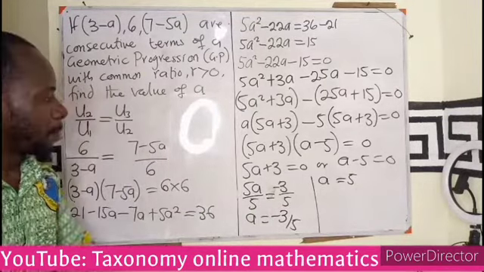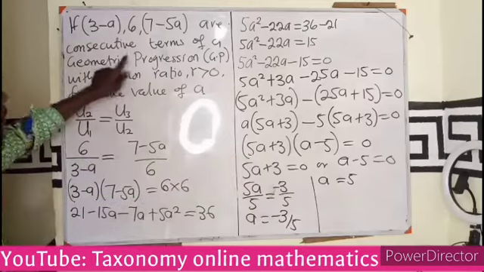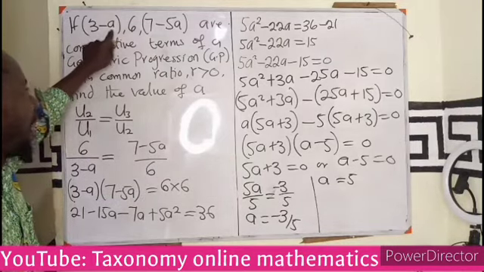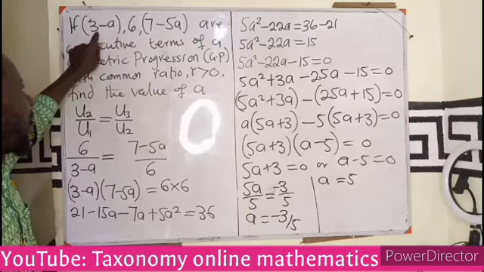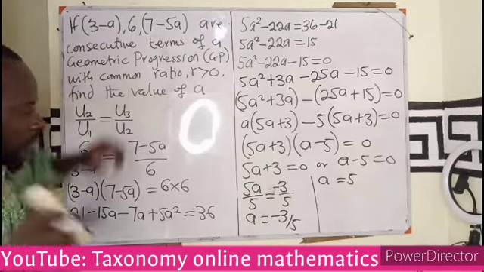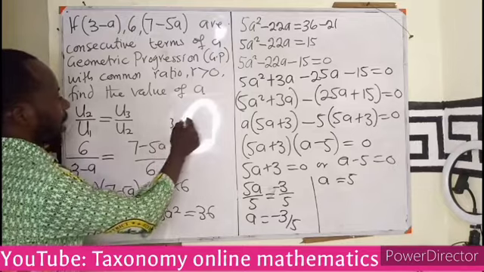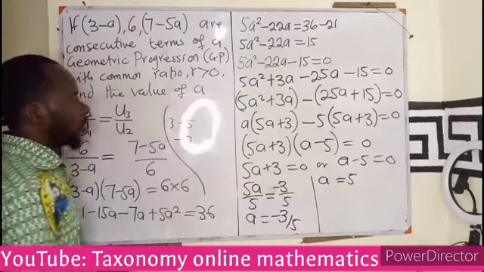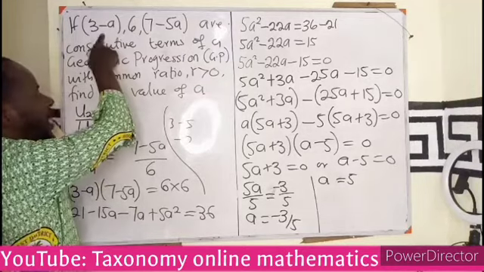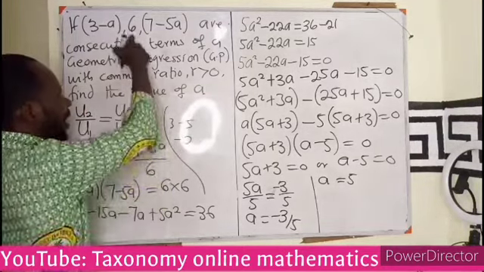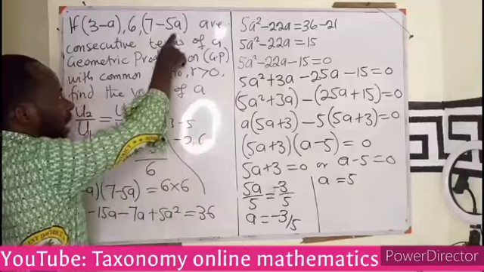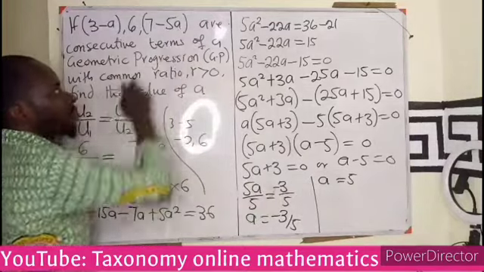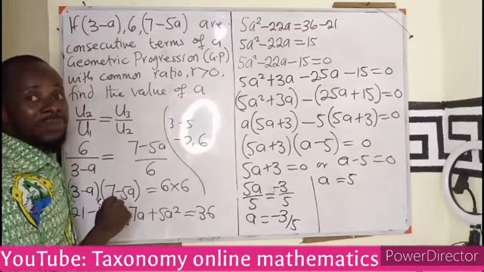But let's see. If I take the a and put it here as positive 5. So 5 is going to be here. So 3 minus 5. That gives me minus 2. Minus 2 as the first term. The second term will be 6. If I put my positive 5 here, I'll be having 25.